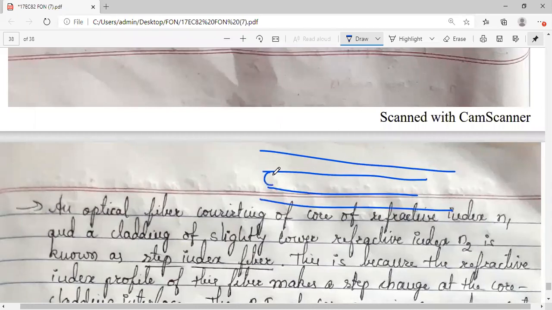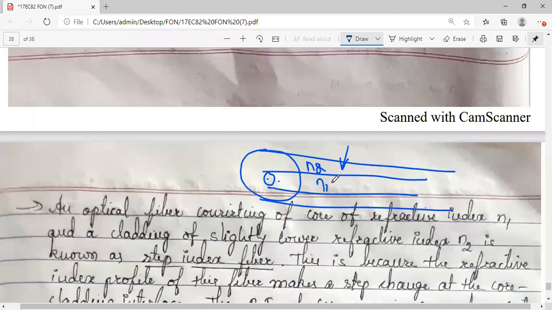The core is surrounded by the cladding. This is your core material, this is your cladding, and the core has refractive index N1 and the cladding has refractive index N2. Even this figure has been taken in every derivation till now. So this typical optical fiber we are considering is itself a step index fiber.